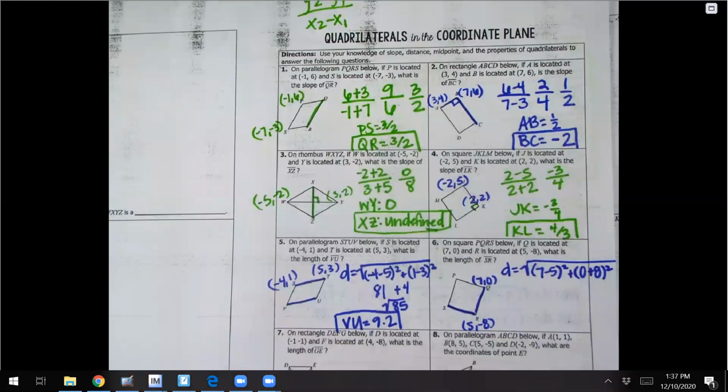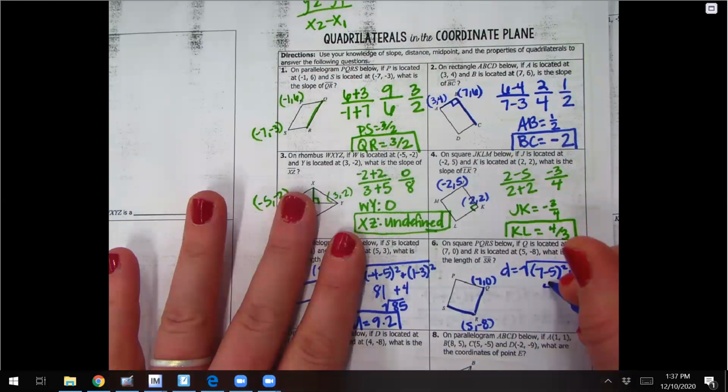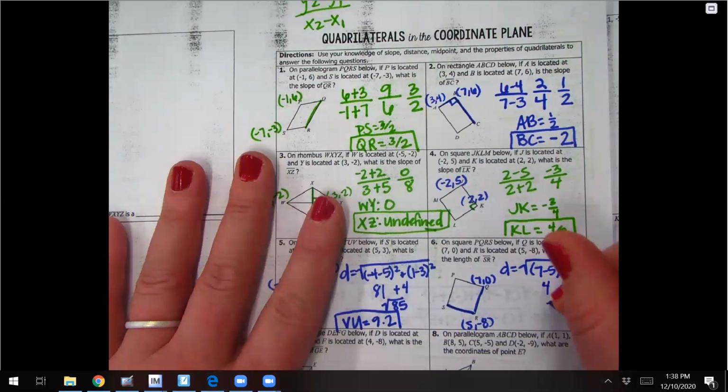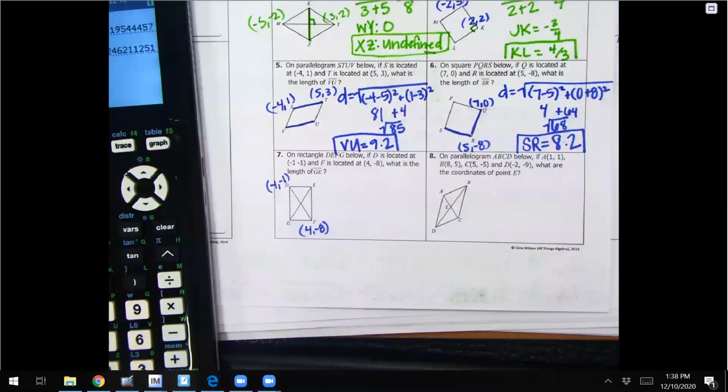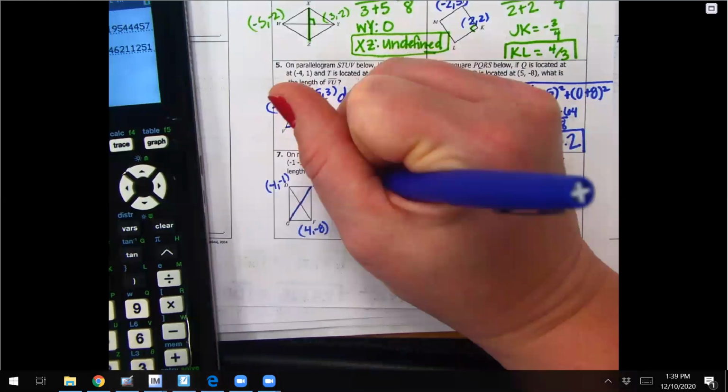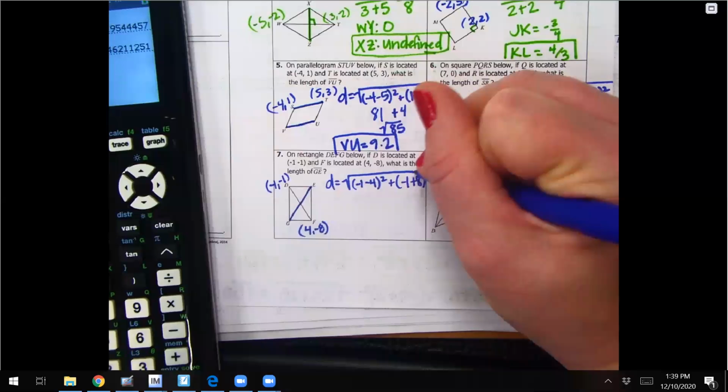7 minus 5 is 2 squared is 4. 0 plus 8 is 64. 4 plus 64 is 68, so again, not perfect. So let's plug it in and get an approximate length. The next one is G, minus 4 squared plus -1 minus -8 squared, which gives us 74.